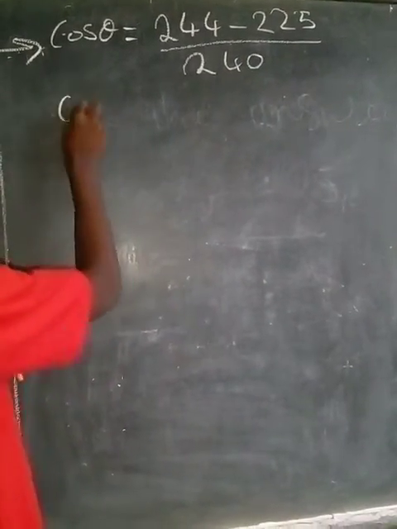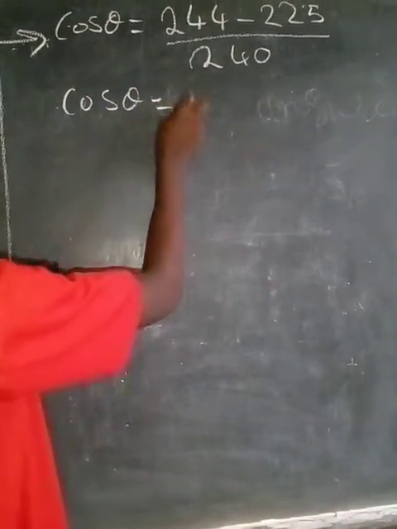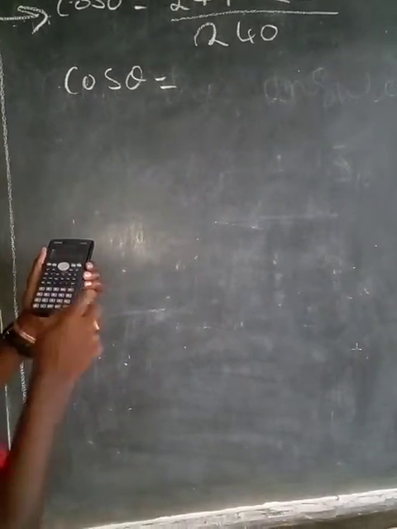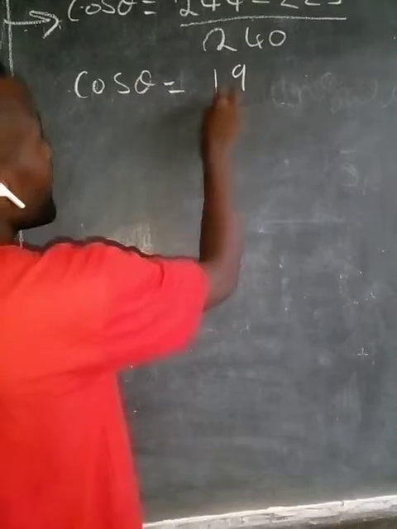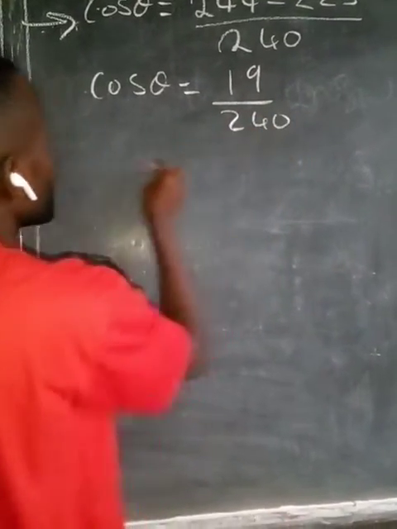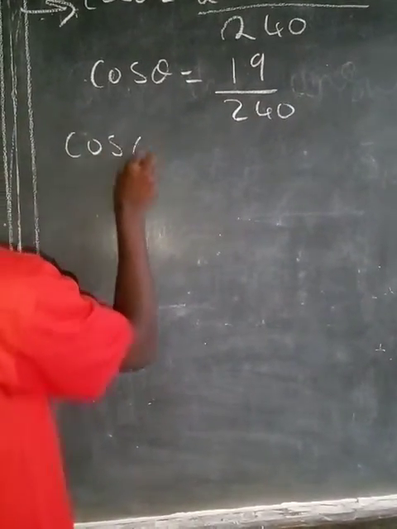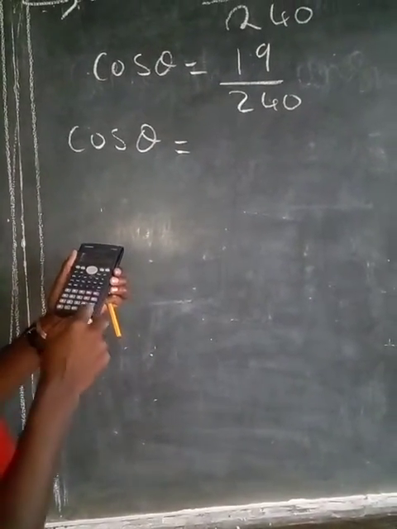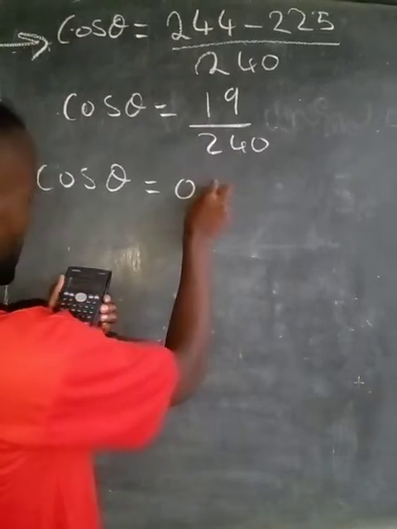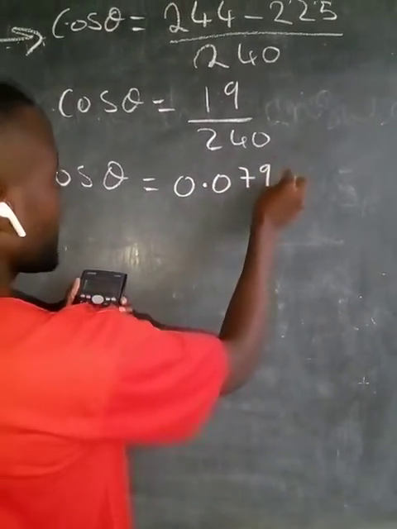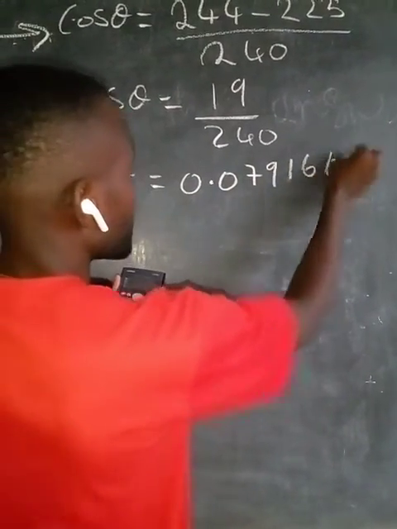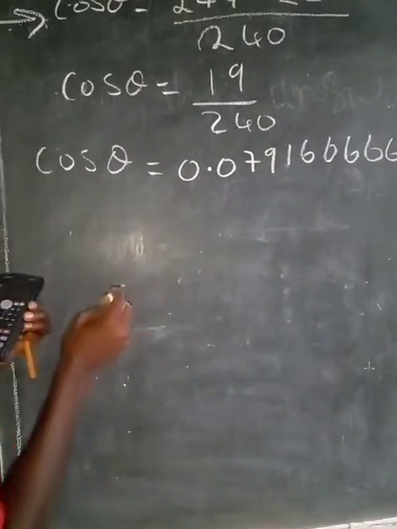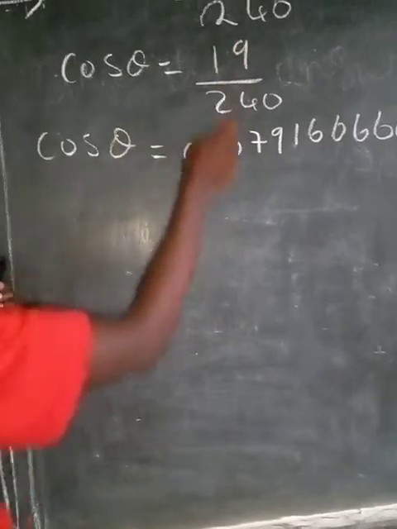So cos theta is equal to 244 minus 225, we are going to have 19. 19 divided by 240, this automatically is giving us 0 point something. So divide by 240, we are going to have 0.0791666, okay, 6. That is what you are going to find when you divide this.